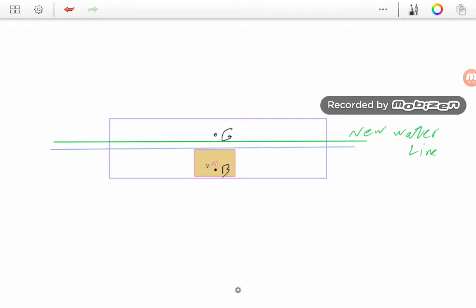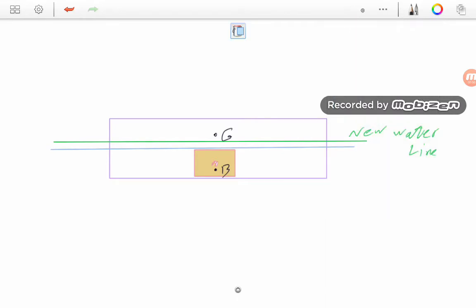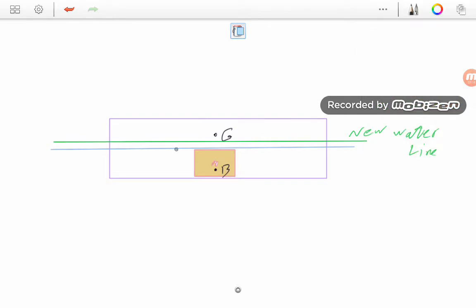As a result, while we lose the buoyancy of this compartment, our vessel will sink, and this compartment will be added to our buoyancy.